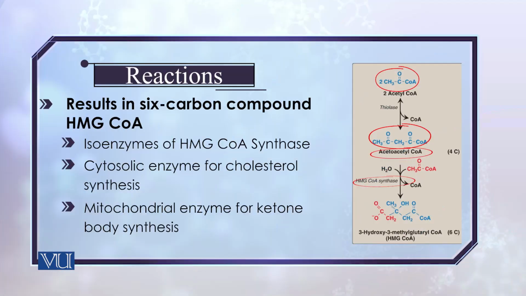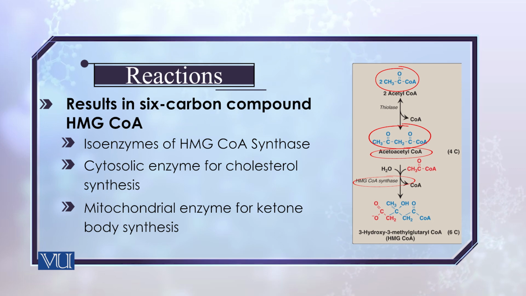cholesterol. So as with the other lipids, where the starting material is acetyl-CoA, here again we have two acetyl-CoA as the starting material, which combine with each other to give rise to acetoacetyl-CoA. Acetyl-CoA here is a 2-carbon compound. Of course, you get in the product a 4-carbon compound, and then from here you get HMG-CoA, 3-hydroxy-3-methylglutaryl-CoA, which is a 6-carbon compound, and the enzyme involved is HMG-CoA synthase.